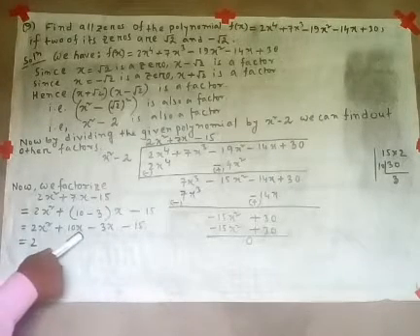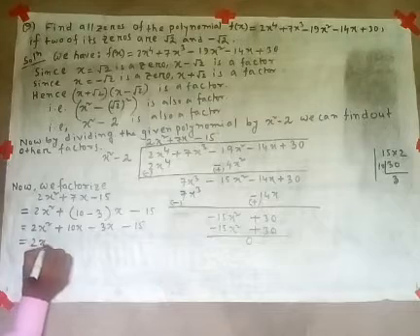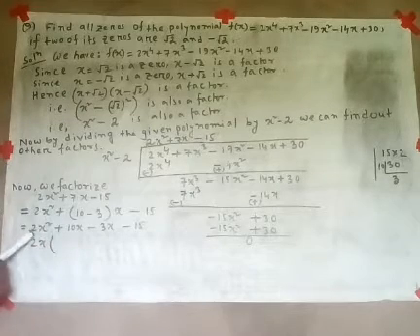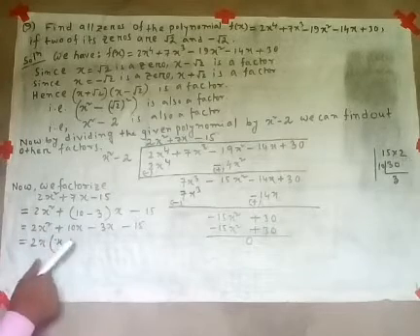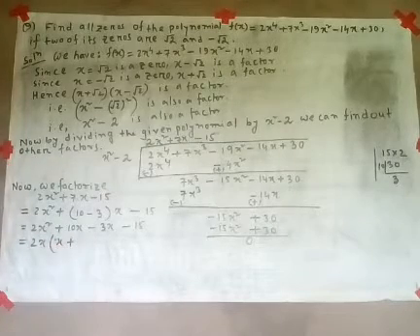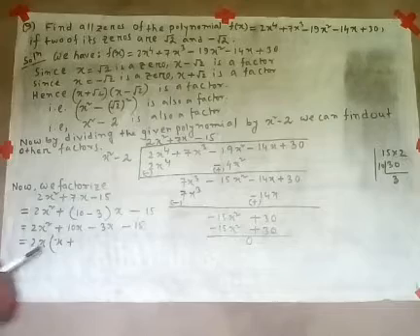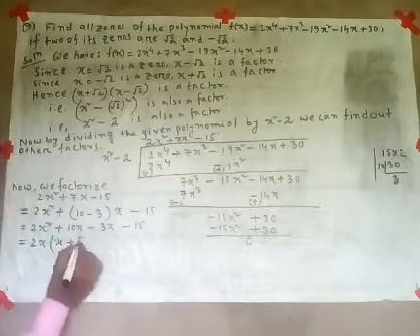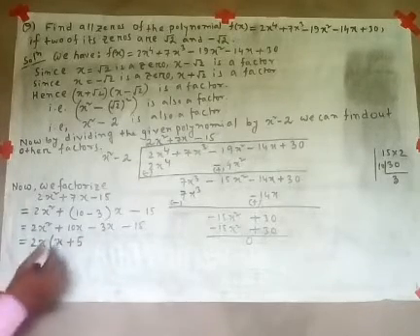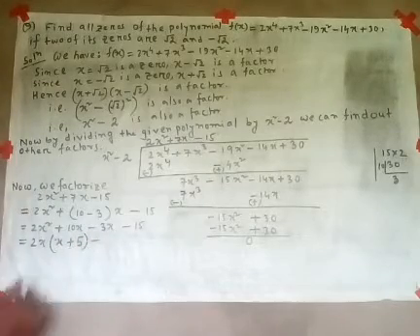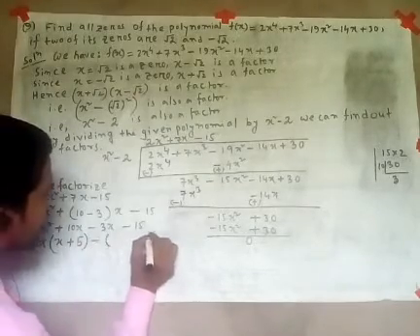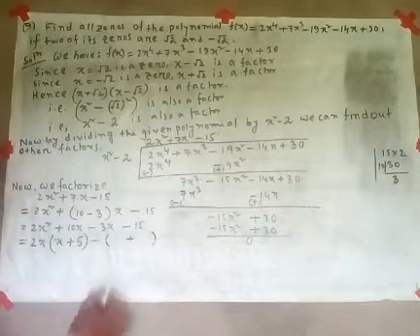X square and x, what can we take common? X is common. What remains? 2x taken common, remains only x. Plus is plus. Then from 10, 2 is taken common, what remains? 5. X is already taken common, so complete. Minus, since minus is taken common, inside the bracket it will be plus symbol.